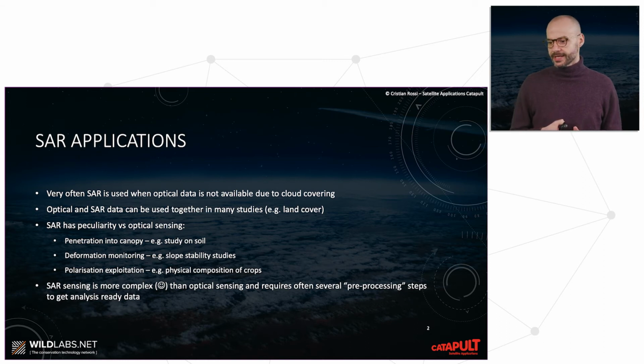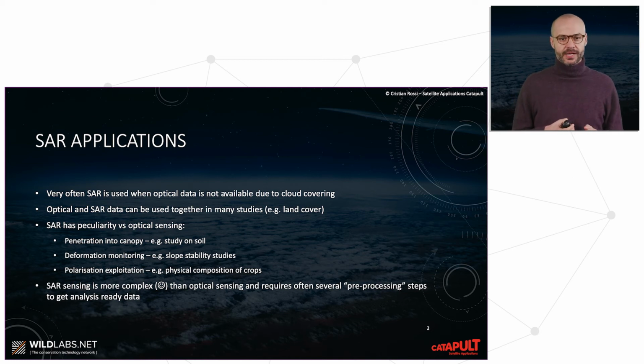And that's a big use of it, actually. You can think of regions where, I don't know, maybe in the Amazon region, where it rains very often for several parts of the year. And if you want to do a study over there, we can't really use optical data because we would always see clouds. So SAR is in this case used.